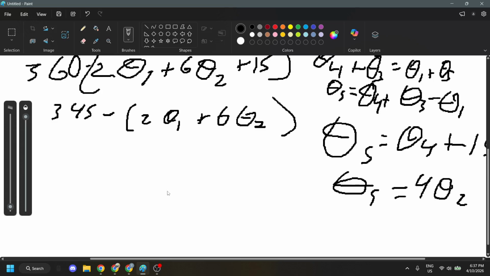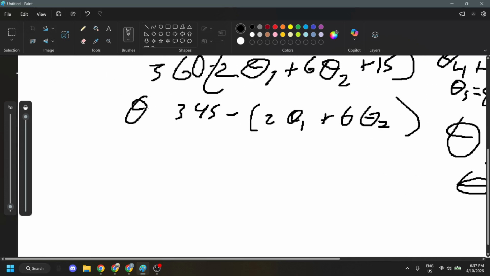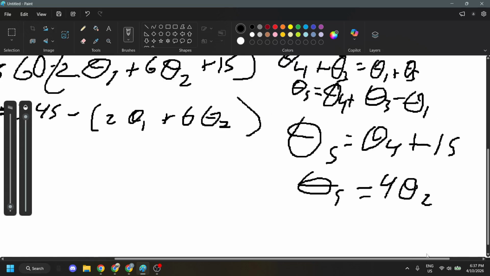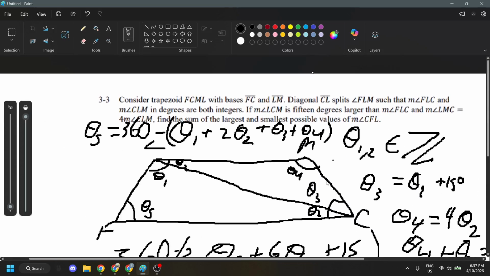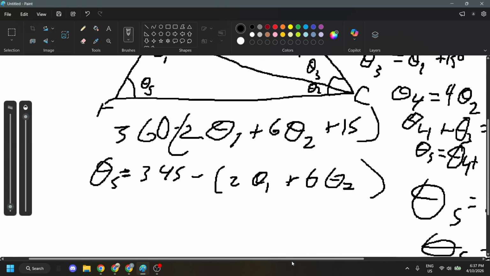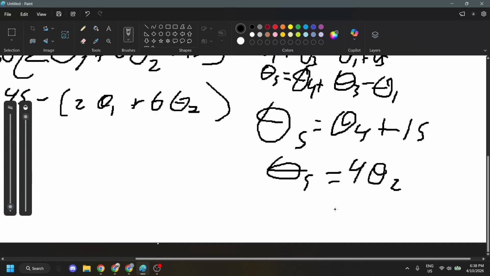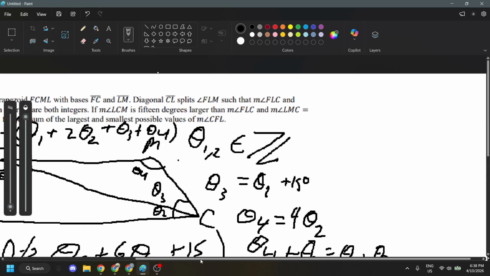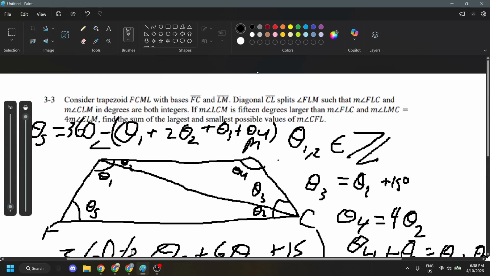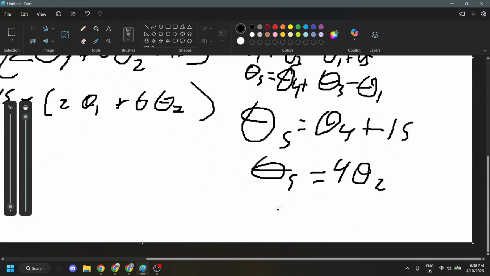So we have these two equations. CFL is theta 5. Okay, so let's find the minimum and maximum value. So theta 2, is it positive integer or just integer? I guess it's just a positive integer.